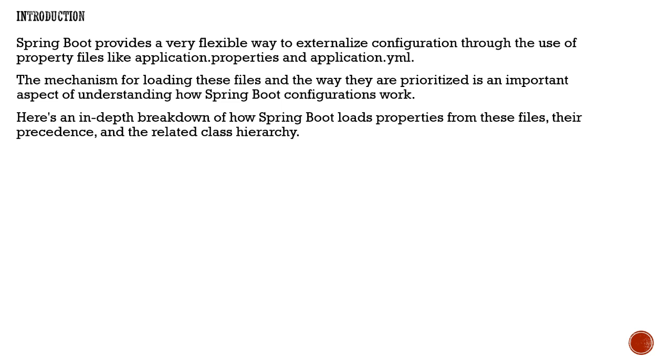The way these files are loaded and prioritized is quite an important aspect of how Spring Boot configuration works. Here in this video, we are going to break down how Spring Boot loads the properties from these files, what their preferences are, and the related hierarchy.